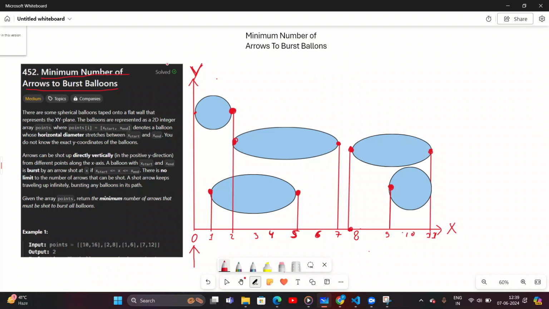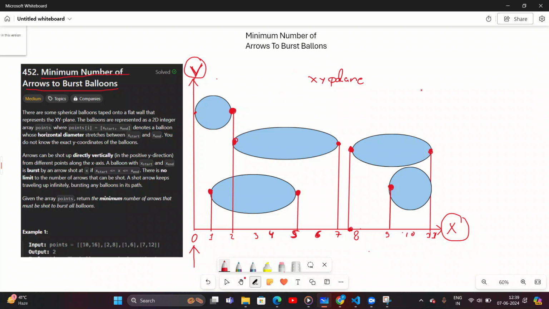Universally we know that this is the y axis, this is the x axis, and the region enclosed between these two axes is the xy plane, as we call it. In this xy plane, the balloons are basically taped to the wall.